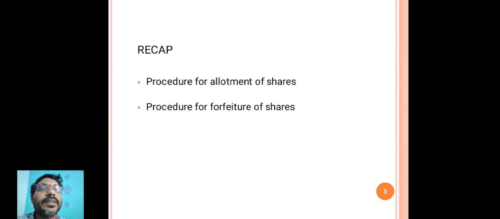That prospectus is issued to the public, and it is an offer or an invitation to the public about the formation of a joint stock company.